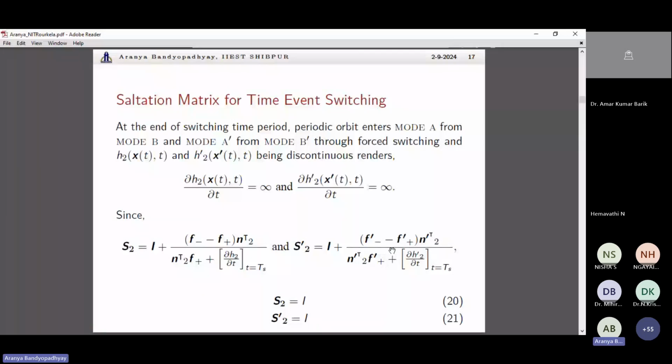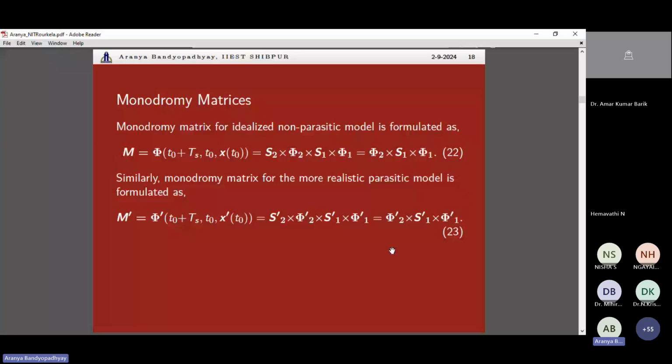Then we will multiply all the state transition matrices and omit one, since S2 is an identity matrix, and the complete cumulative state transition matrix is called the monodromy matrix. Its eigenvalues will indicate whether the system is stable or unstable.